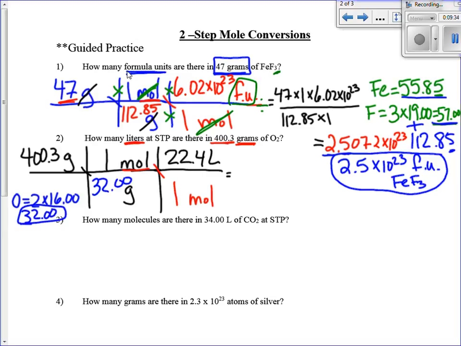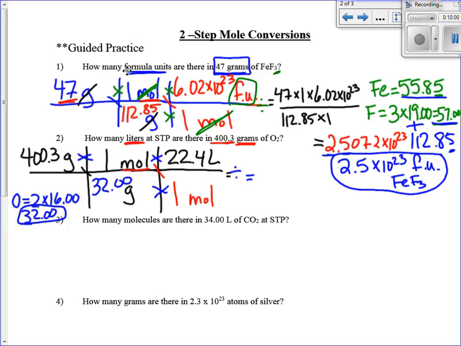Now, just like before up above, we're going to multiply everything on the top, multiply everything on the bottom, and then we're going to divide. We're going to do it all in one step. So, punch in your calculator 400.3 times the 22.4.